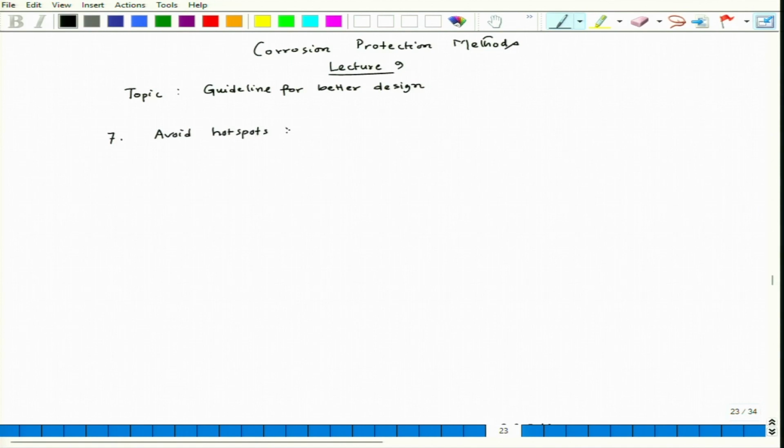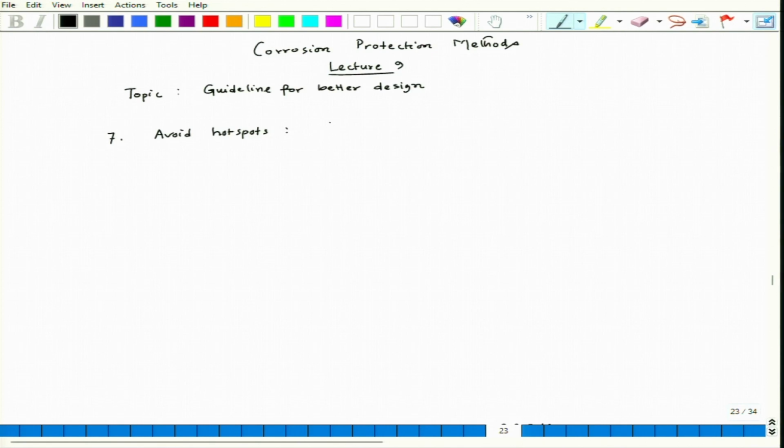So, this is particularly important in heat exchangers, where during the heat transfer process there could be a possibility of a local increase in temperature, and that can also lead to several other problems like oxidation and local thermal fatigue.